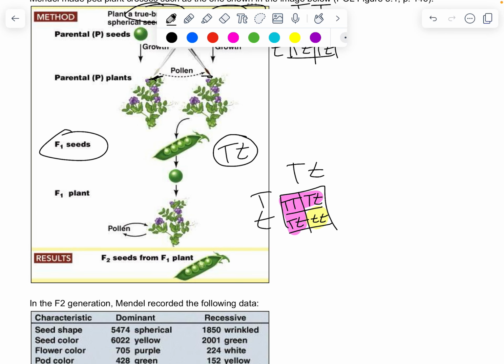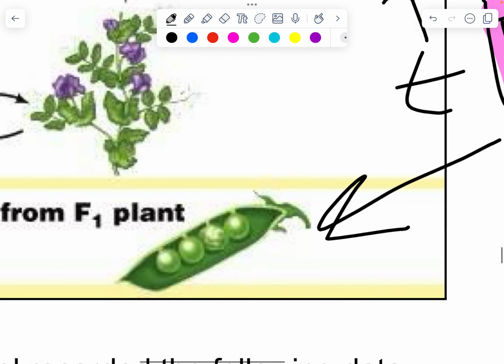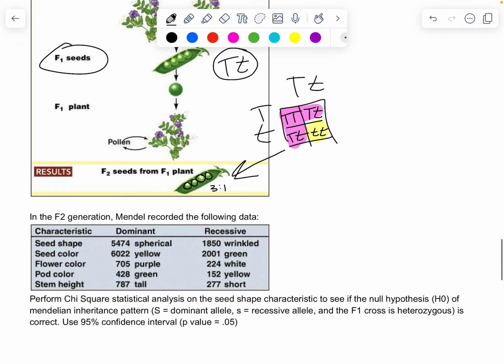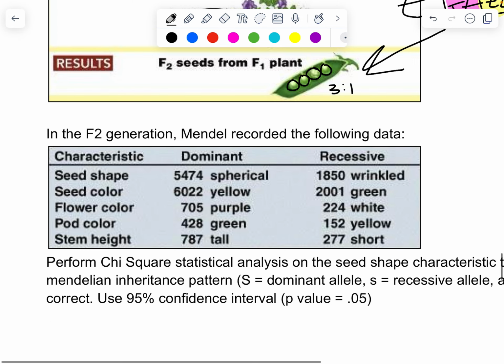So your F2s, notice some of them are wrinkled, and more of them are smooth. We expect a 3-to-1 smooth to wrinkled ratio, or 3/4 to 1/4, of F2 seeds from our F1 plant. This is what Mendel actually recorded. It's kind of cool that we still have his actual results from so long ago.